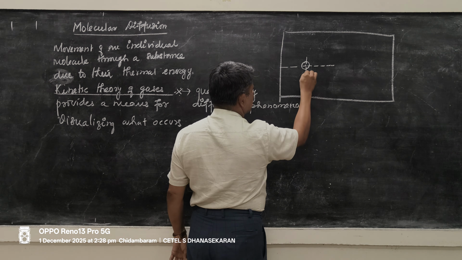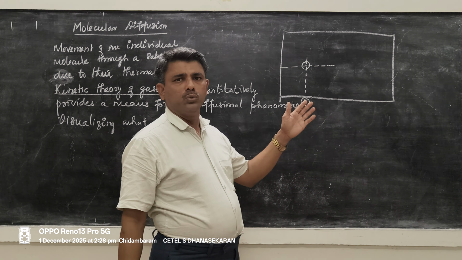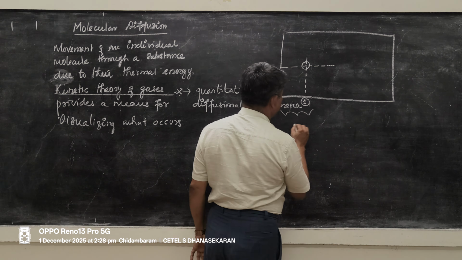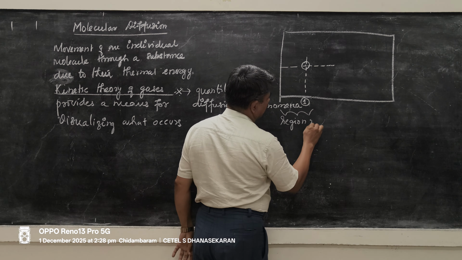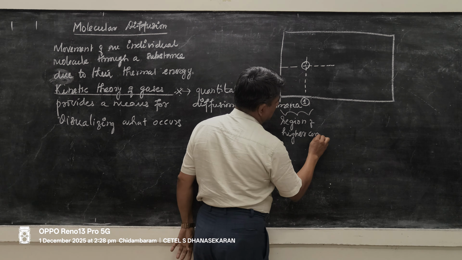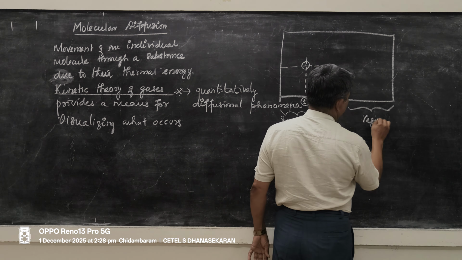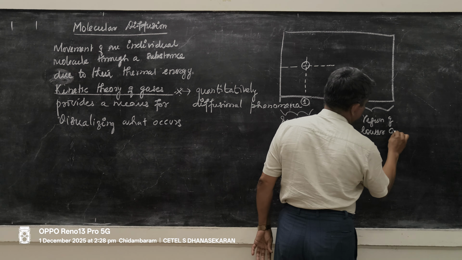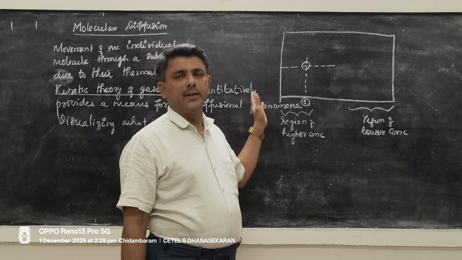This is the starting point, location 1. It tends to move in order to achieve equilibrium, because assume that this is the region of higher concentration and this is the region of lower concentration. Due to this concentration difference, a molecule tends to move.